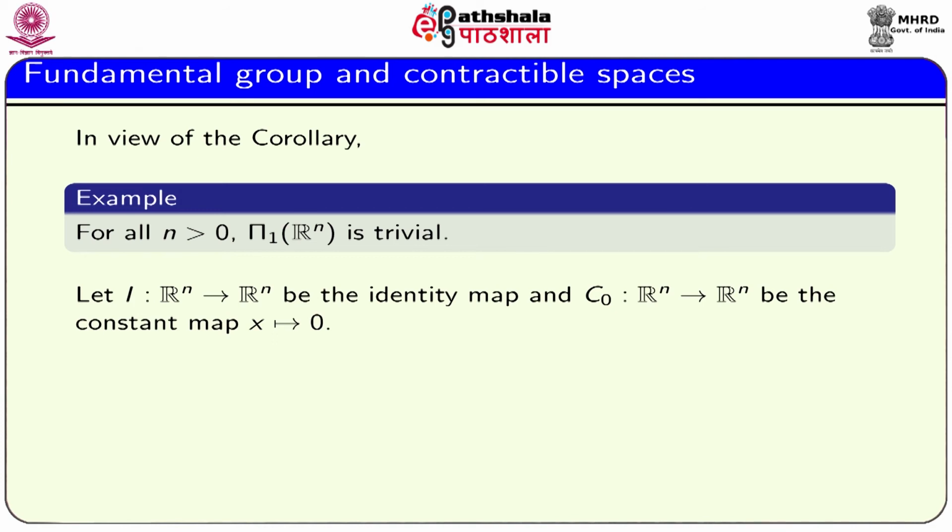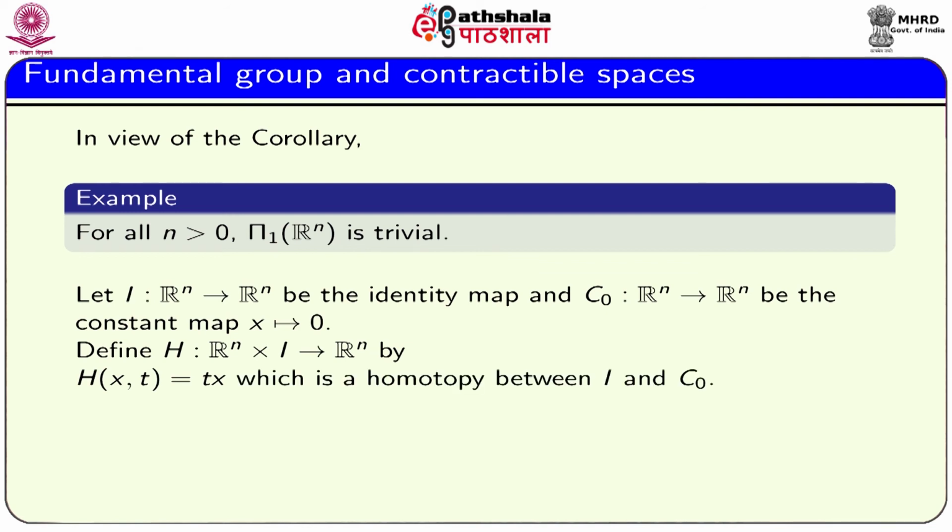Now, let us take the identity function I from R^n to R^n and take the constant function C0 from R^n to R^n, which maps all the points of R^n to the point 0. Then we define capital H from R^n cross I to R^n by H(x,t) equal to tx for all x belonging to R^n and t belonging to I, and this is indeed a homotopy.